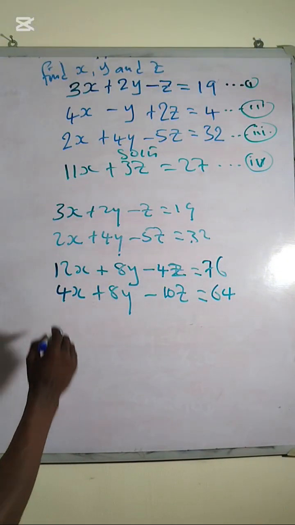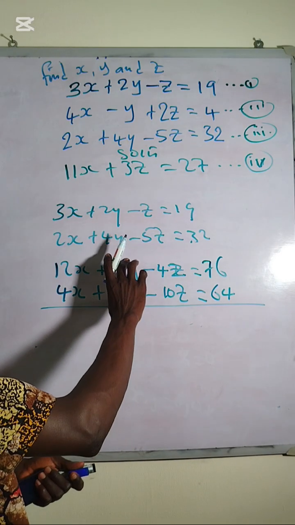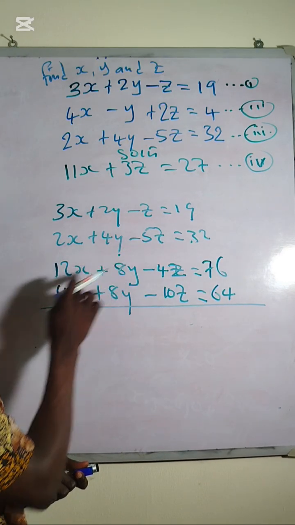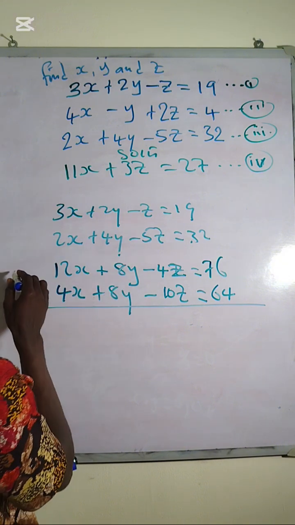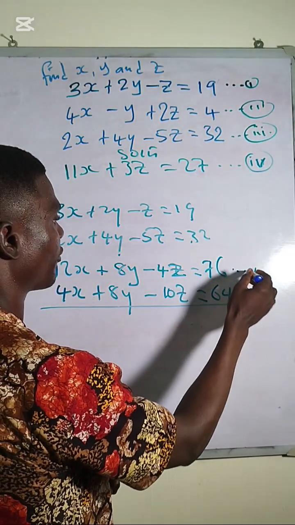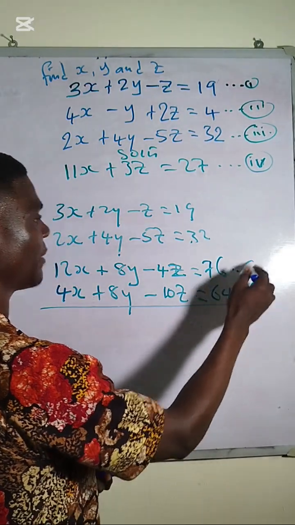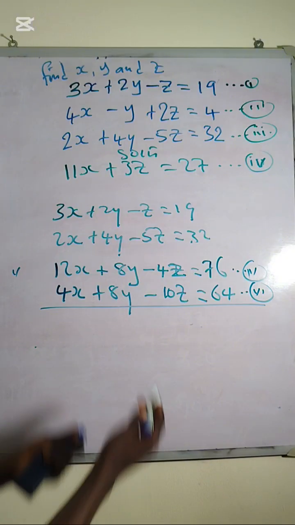So we now have a new equation. Draw a line. In this your new equation now, what are you going to do? We are going to be eliminating what? Y. Because I have 8 here and I have 8 here. I can call this equation 5 and I can call this 6. So that means I can say equation 5 minus equation 6, or equation 6 minus equation 5.